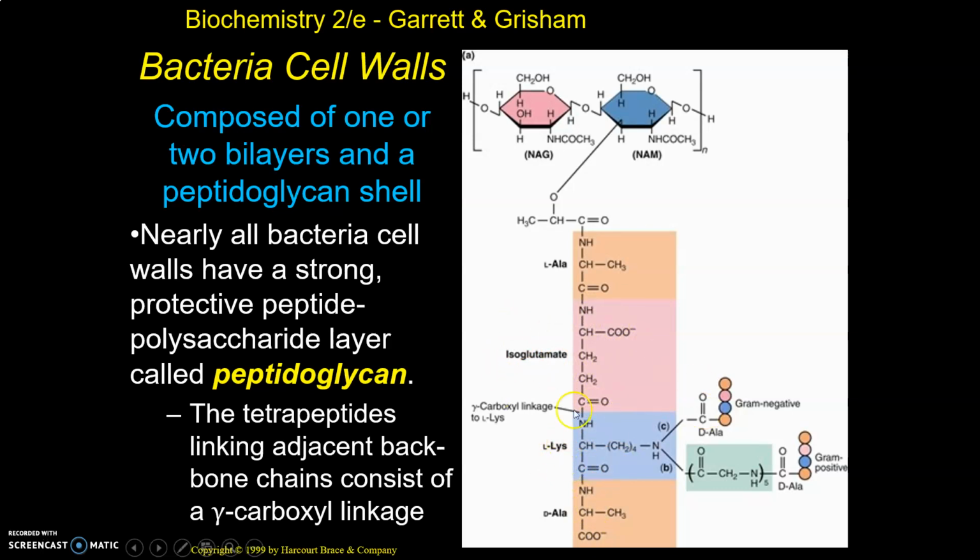Depending upon how this L-lysine links up, we know whether this is going to be gram-negative or gram-positive bacteria. But the peptidoglycan is the strong protective peptide polysaccharide layer. Why do we call it that? Because it's not just the polysaccharide chains, it's these tetrapeptide linkages as well.